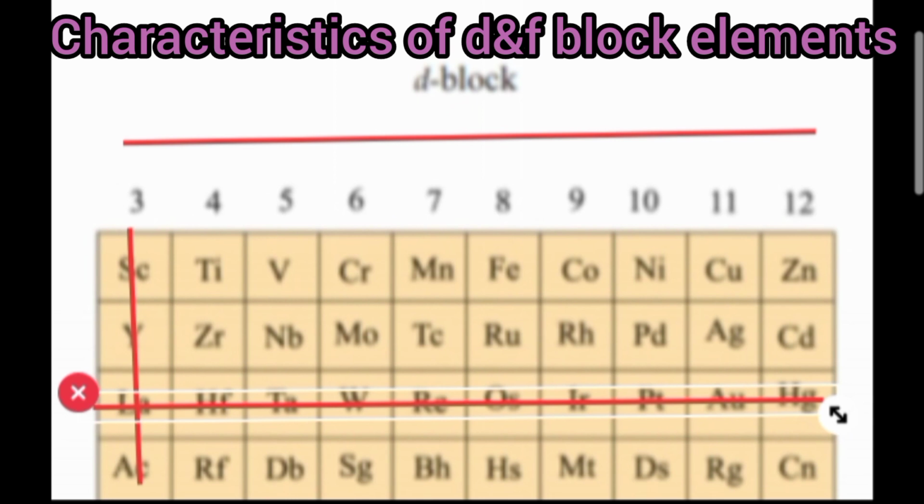Do you know what a catalyst is? A catalyst is a substance or a chemical which alters the rate of a chemical reaction without directly participating in the chemical reaction. These are the characteristics of D block elements.